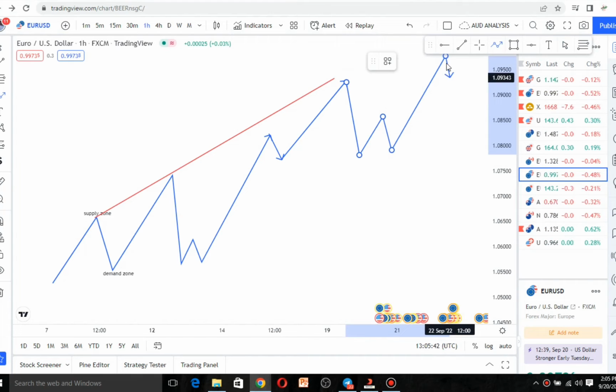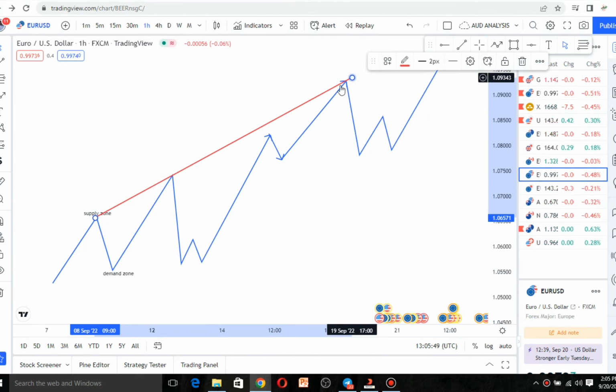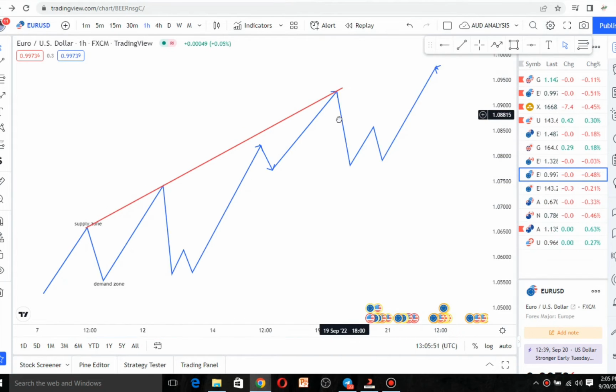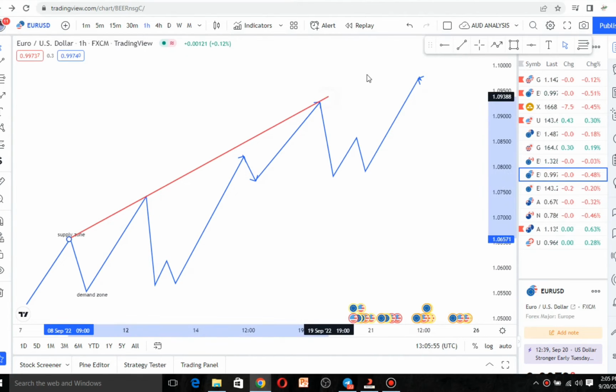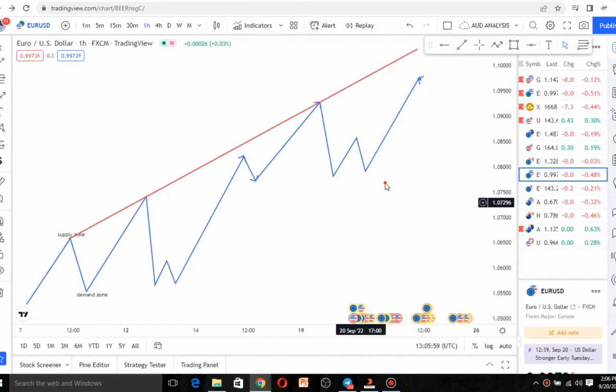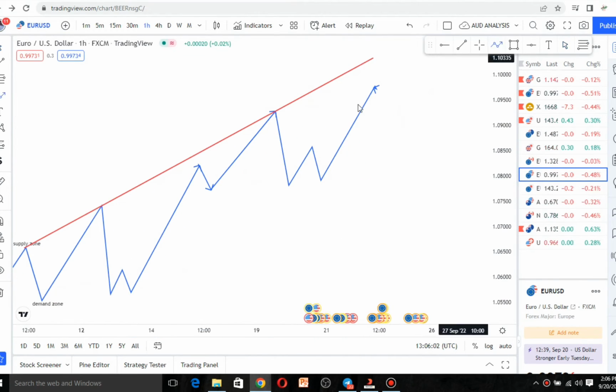If you see this, it shows you that this is a supply zone that has been broken. What you are expecting is to draw this into the future. Let's draw it straight away. The market should definitely get to this trend line.